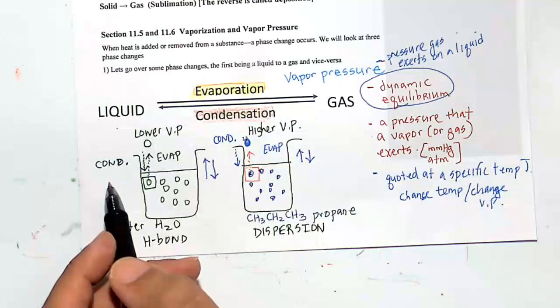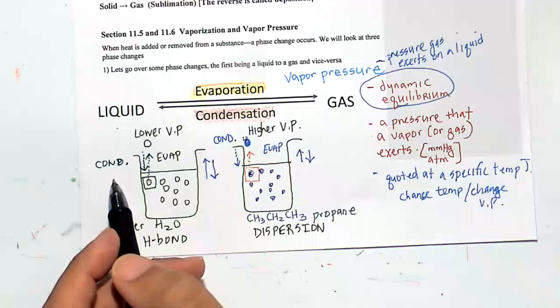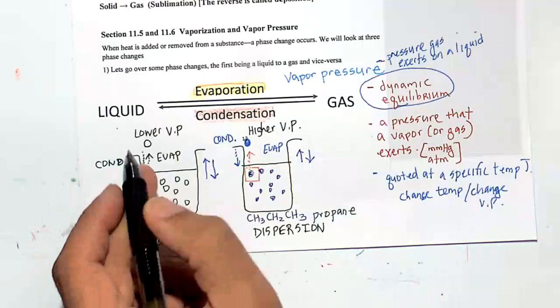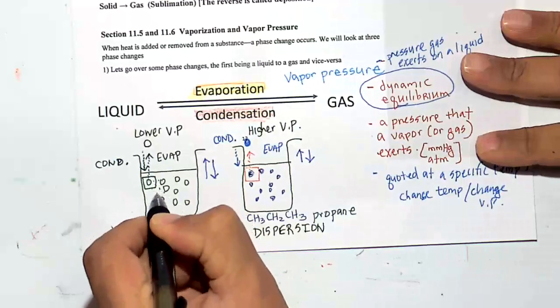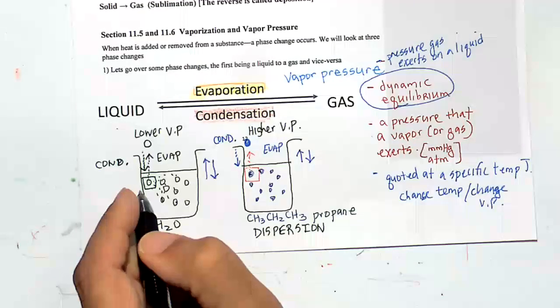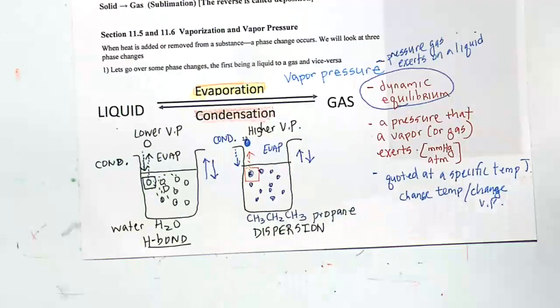Harder to evaporate means it will be harder to condense, which means less vapor pressure. You see, fewer molecules will evaporate. Why will fewer molecules evaporate? Because of the hydrogen bonding that holds one water molecule with another water molecule with another water molecule, so on and so forth.